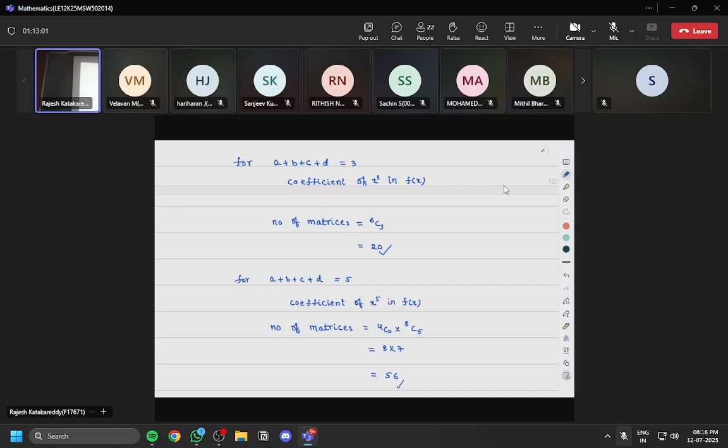A and B can be the same in here. This is matrix A in general. We do A square or something.